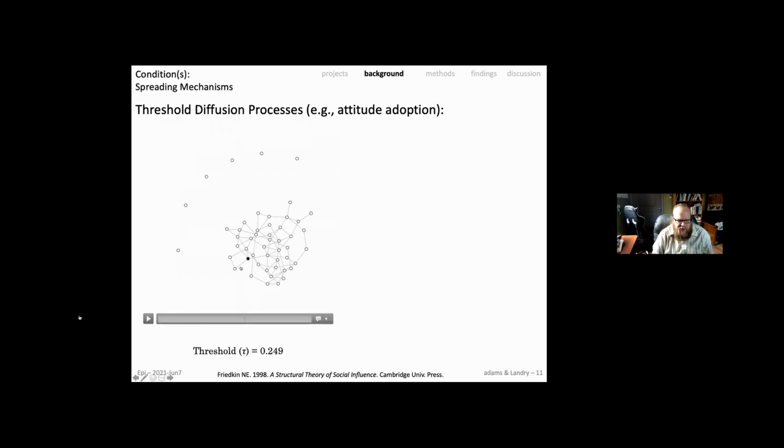So this one person is infected. What we can recognize is that this person right here is going to adopt immediately because half of their partners, this one is and this one has not adopted, half of them have already adopted. So they're going to adopt, and we can watch this cascade through the population.